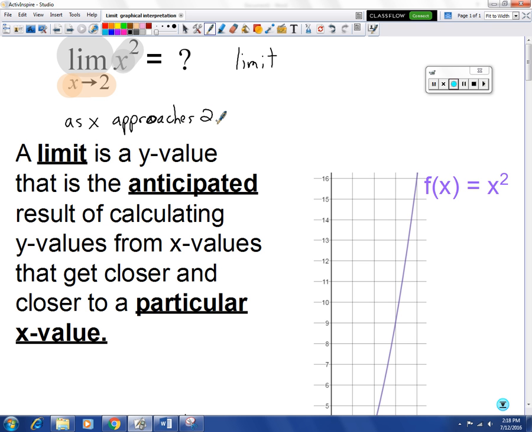So a limit is actually a device where we plug in x values that get really close to 2, but not actually substitute 2. But I'm going to contradict what I just said and say that in some cases we will be able to plug in the actual number that we have there.